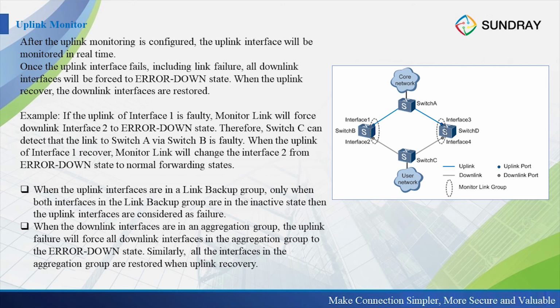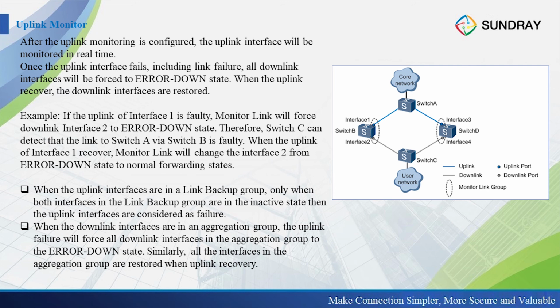And for the downlink interface, when the downlink interfaces are in an aggregation group, the uplink failure will force all the downlink interfaces in the aggregation group to error down.